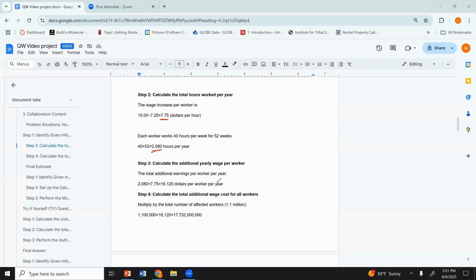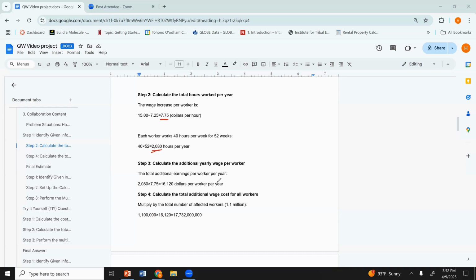Okay, so if we decide to raise the minimum wage to 15, this is the commitment we're making to each worker: in addition to your 7.25, we are going to pay you an extra 16,120. This is just for one worker earning minimum wage, and we want to top their wage from 7.25 to $15 per hour.